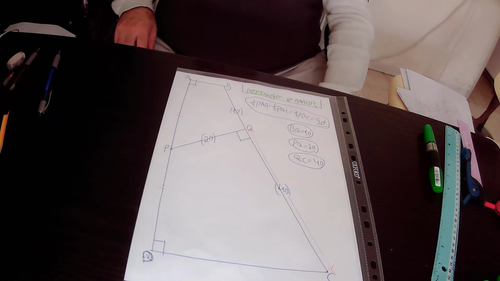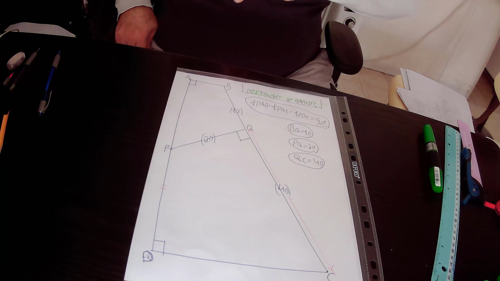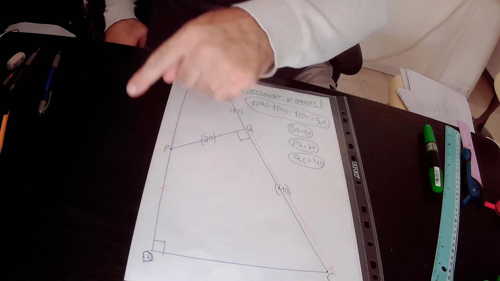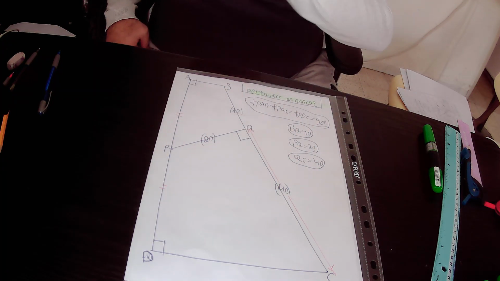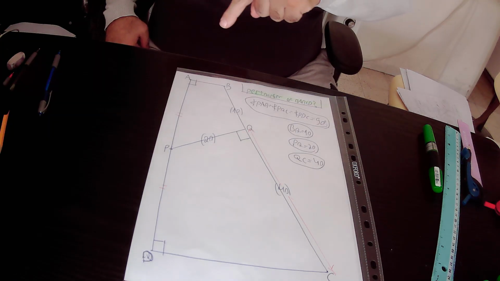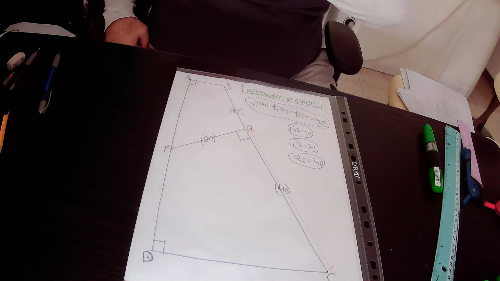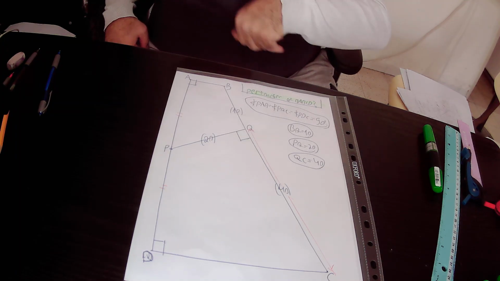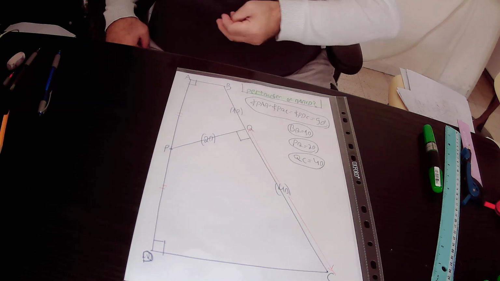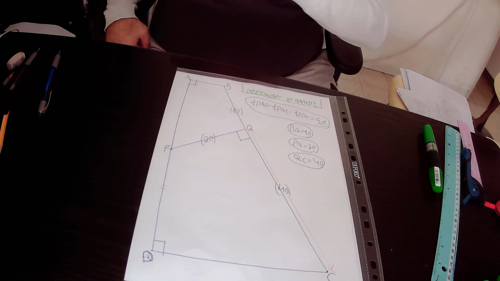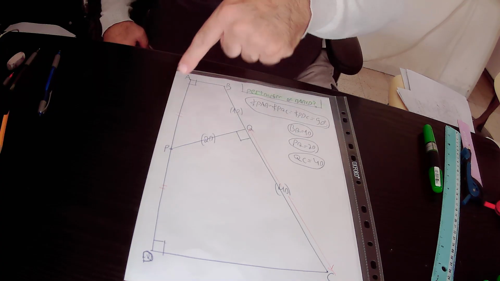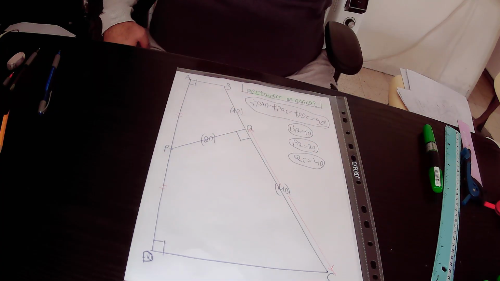In the first question, our task was to find the perimeter of this quadrangle ABCD. What is the perimeter? The perimeter of a quadrangle is the sum of its four side lengths. That is to say, the perimeter of this quadrangle ABCD equals AB plus AD plus DC plus CB.